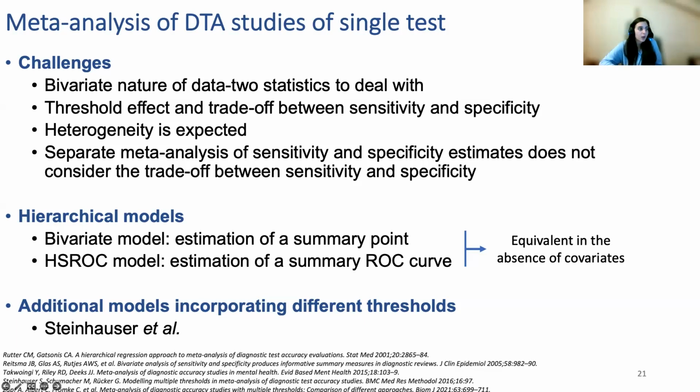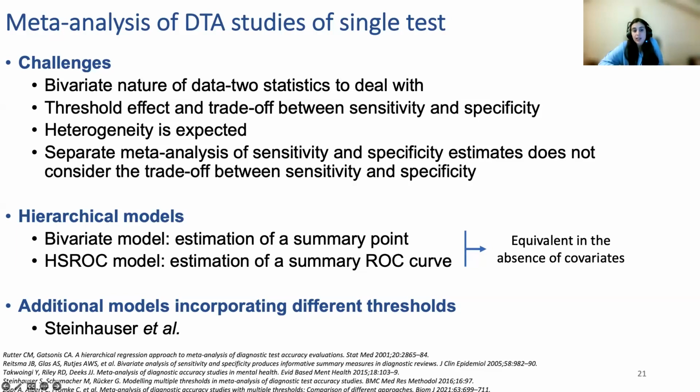So we've seen that there are two hierarchical models, the bivariate and the HS-ROC model, and in the absence of covariates, these two models are equivalent. However, both models require that each of the included study contributes results on a single threshold. So there are cases where studies may report results for more than one threshold.